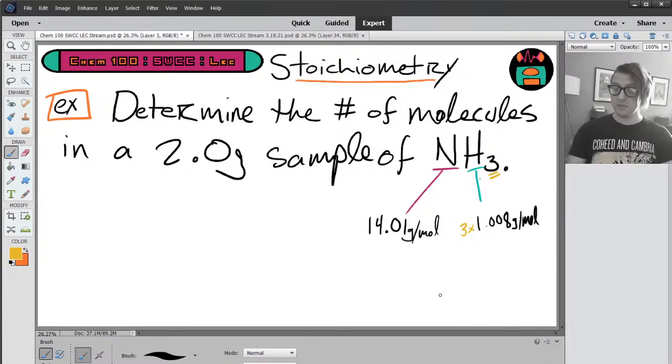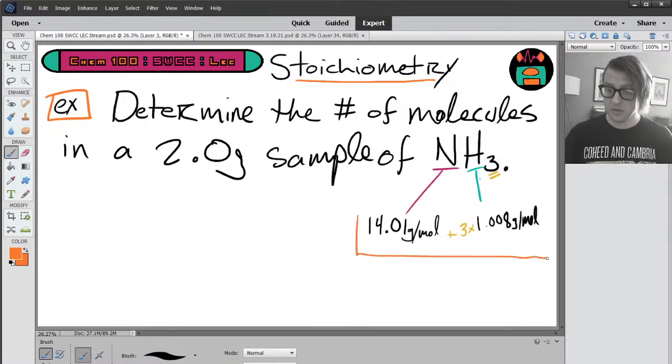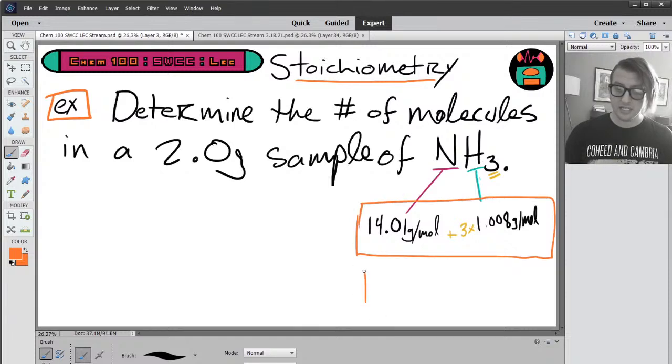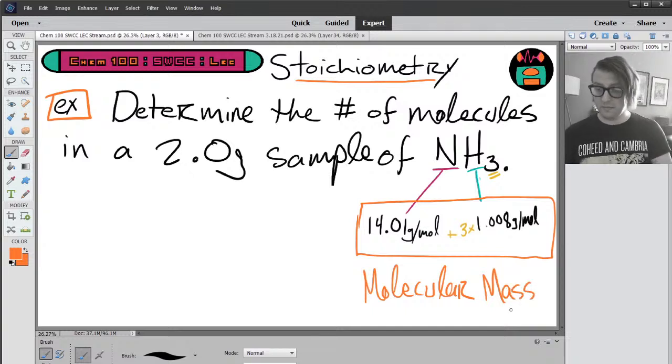So we're going to need to multiply this by 3 and then add these two quantities together. And when we do, the name of the quantity we calculate is called the molecular mass or molecular weight. All right, so we need to calculate this conversion factor for ourselves and then use it to solve this problem.